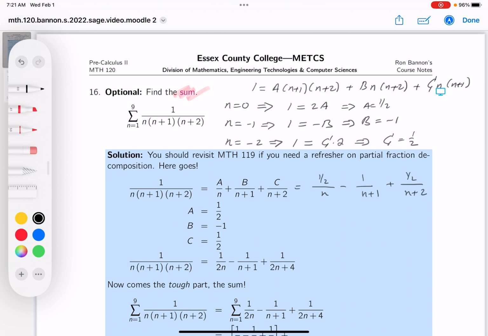I don't like the way that looks, so I'm going to simplify it by multiplying the first term by 2 over 2, so you get 1 over 2n minus 1 over n plus 1. I'm going to multiply the third term top and bottom by 2, and you get 1 over 2n plus 4. This is written right over here: 1 over 2n minus 1 over n plus 1 plus 1 over 2n plus 4.